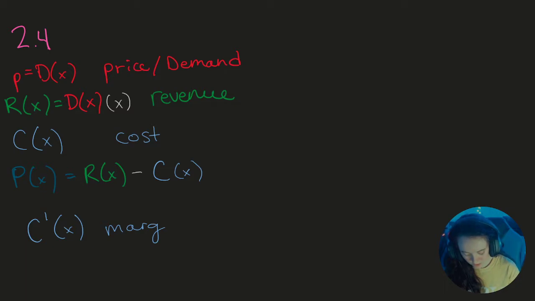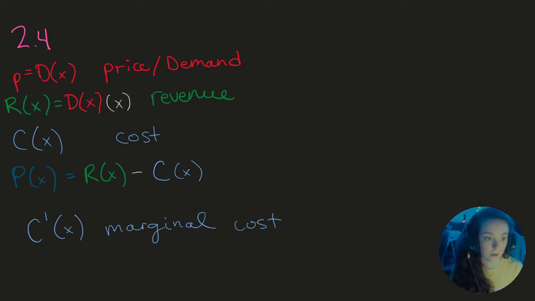And I'll spell it all the way out on this one. Anytime you see one of these letters with prime, it's marginal. Or if you don't know how to notate something, marginal equals the letter prime of x, or the amount if it tells you that.